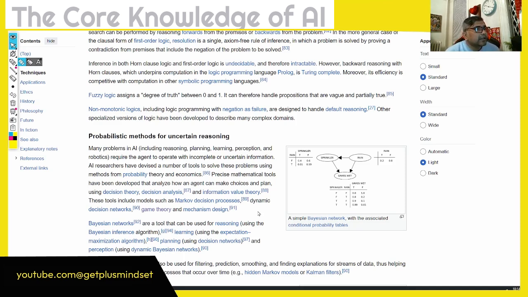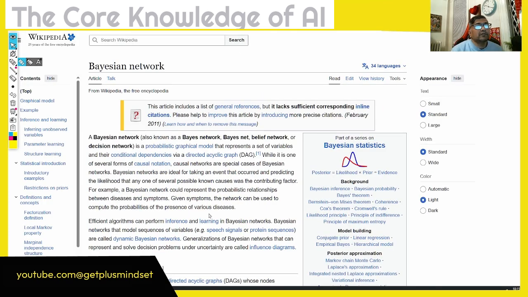Mathematical tools have been developed to analyze how the agent can make choices and plan, using decision analysis and information value theory. These theories were already there and were invented by statisticians. Now the field of science is using them for their models. There is the Bayesian network. What exactly is a Bayesian network?